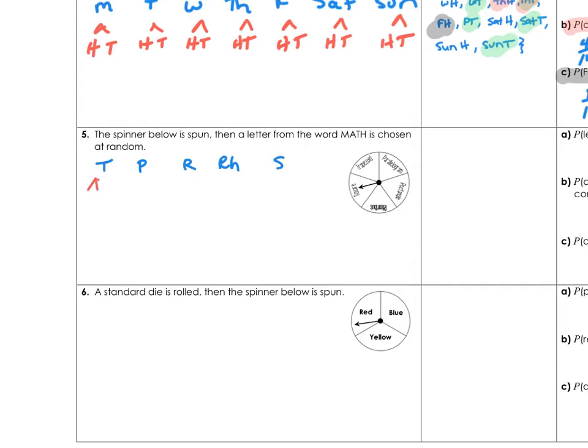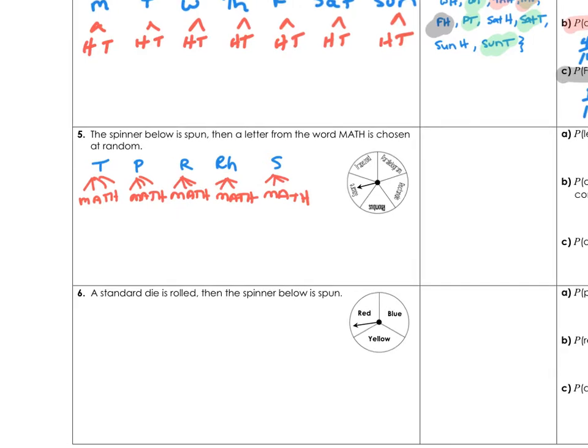So we need 4 little branches for each of these. Okay, and then we write in M-A-T-H for each one. Whew. All right, so we can see all of our possible outcomes.